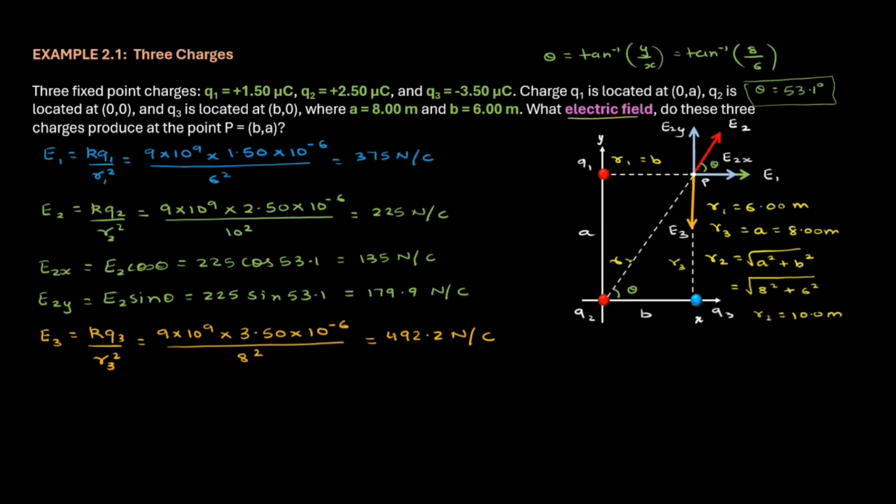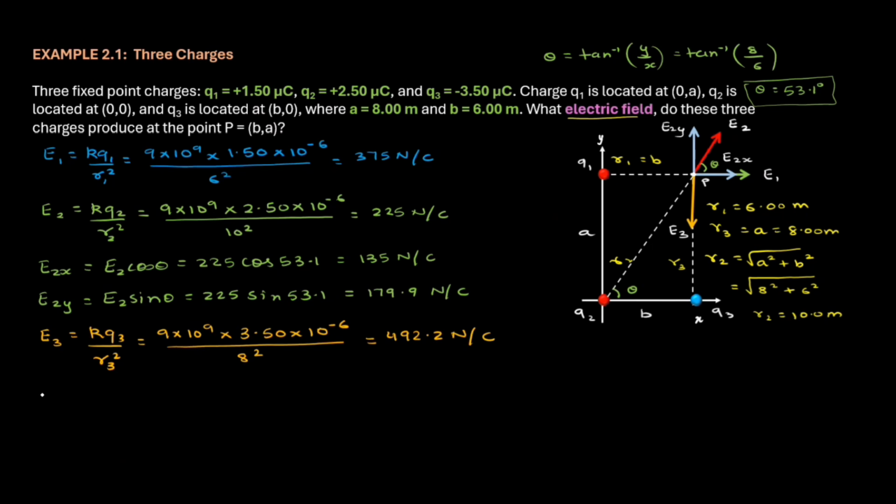Once I found the values of E1, E2 and E3, I'm going to find the net electric field along the x-axis and the net electric field along the y-axis before we calculate the resultant. So along the x-axis, you have two components of electric field. One is E1 and the other one is E2x. Both of them are going towards the right, so we take them both as positive.